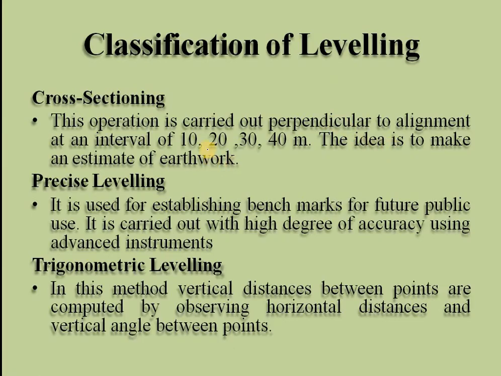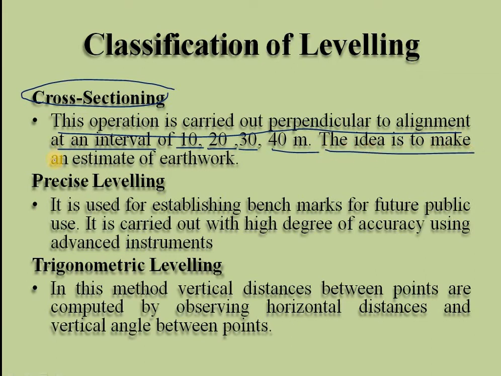The next one is cross section. This operation is carried out perpendicular to the alignment at an interval of 10, 20, 30, 40 meters. The idea is to make an estimate of earthwork. So this cross-section leveling will be done at the time of earthwork excavations.